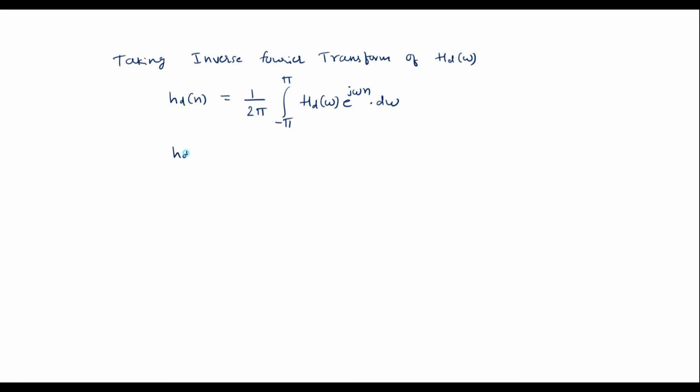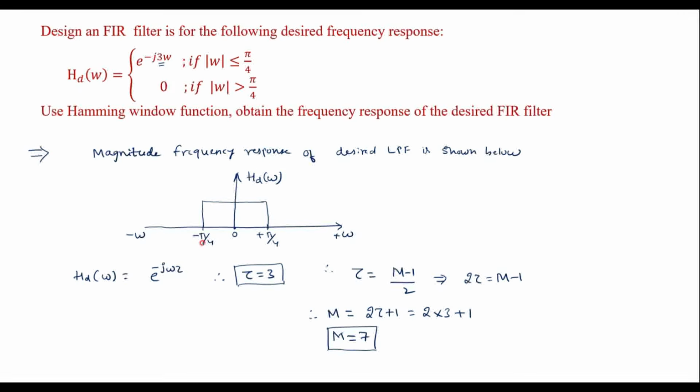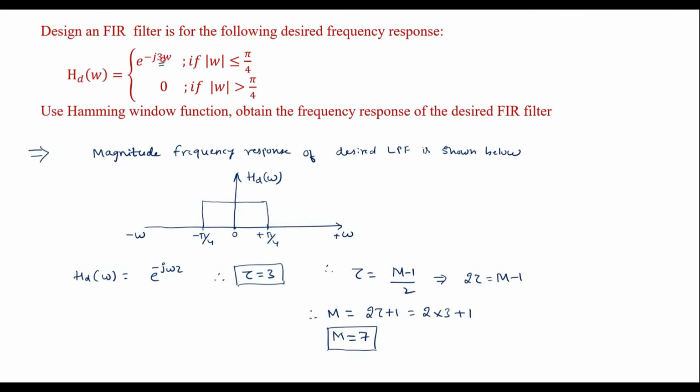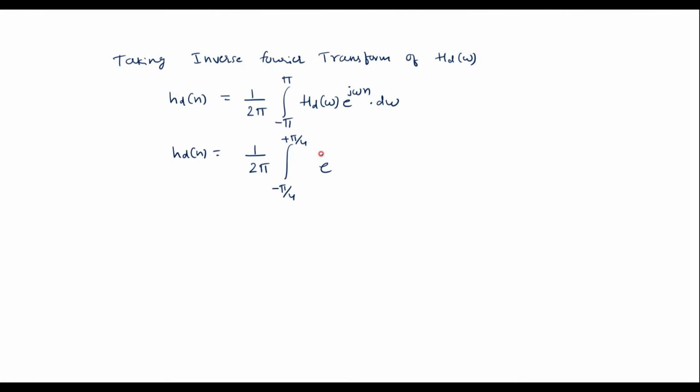Now we'll try to find Hd of n, which is equal to 1 over 2 pi. Here we can observe that it exists only for minus pi by 4 to plus pi by 4. So the lower limit is minus pi by 4 and upper limit is plus pi by 4. The value of Hd of omega is e power minus j3 omega, into e power j omega n, d omega.